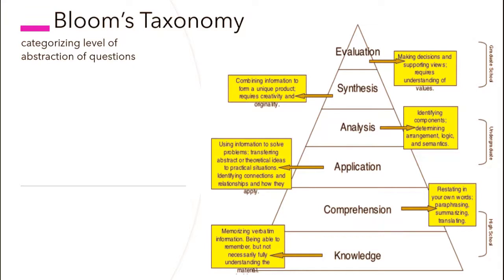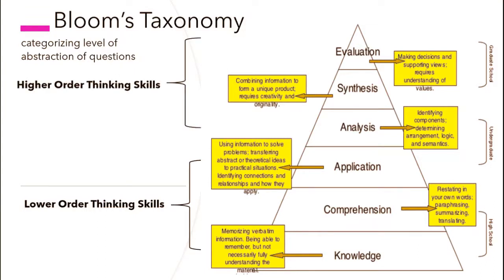However, we can also further categorize these levels into 2 main categories, which would be lower order thinking skills, or LOTS. This pertains to the thinking level of being able to recall things, explain things in your own words, and slightly apply them.